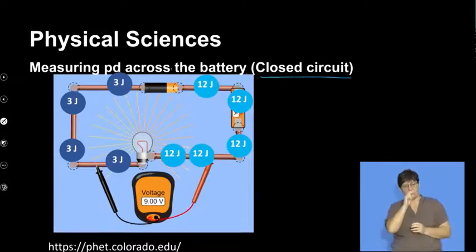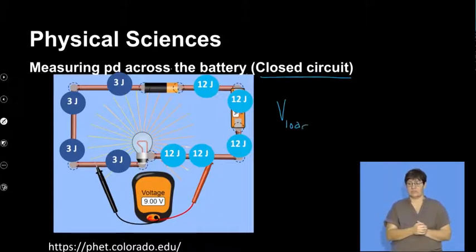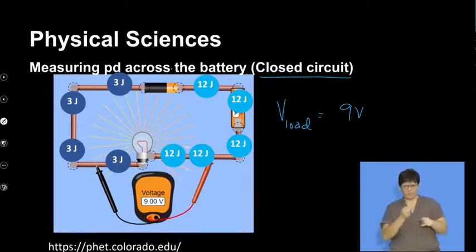In other words, if you look at it in terms of the potential difference, 3 joules, 12 joules per coulomb of charge, it means that the V load in this case, or the external potential difference in this case is equal to 9 volts. Where does 9 volts come from? It comes from the difference between 12 and 3 joules per coulomb of charge.